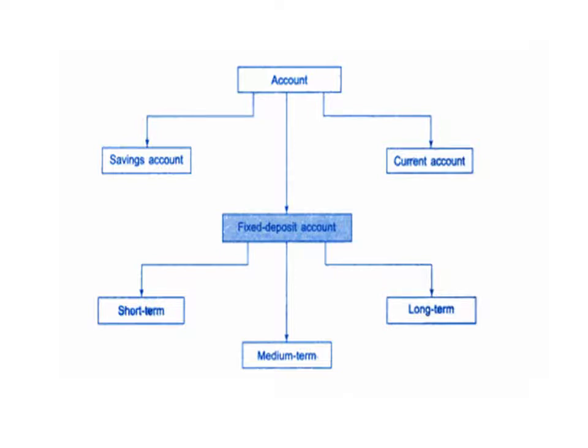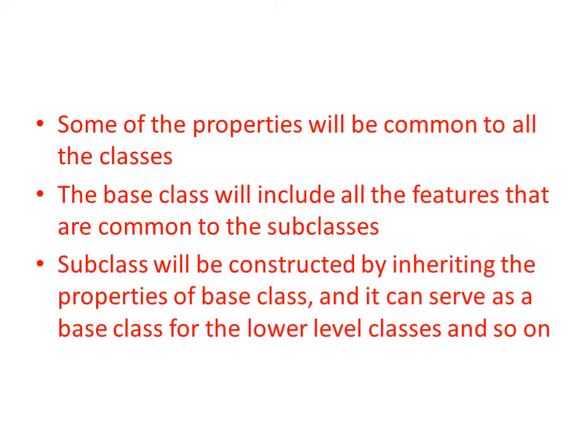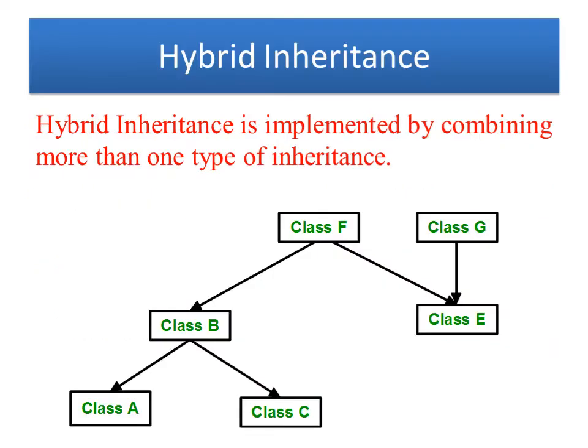If some common properties have to be inherited by more classes, we'll move into this hierarchy. The base class will include all the features that are common to the subclasses. The subclass will be constructed by inheriting the properties of the base class, and it can serve as a base class for the lower level classes and so on, as in a hierarchy. We call this hierarchical inheritance.